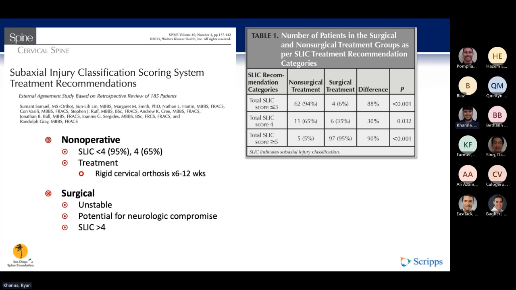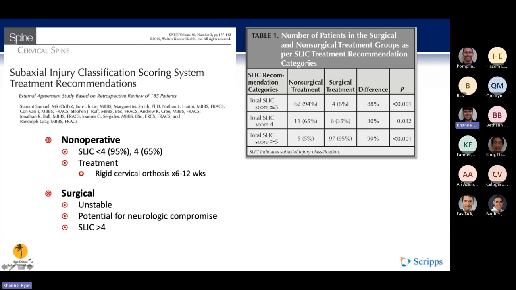And it looks like in this study they did agree, because for all the scores that were less than 3, 95% of them were treated non-surgically, and for those that were greater than 5, 95% of them were treated surgically.